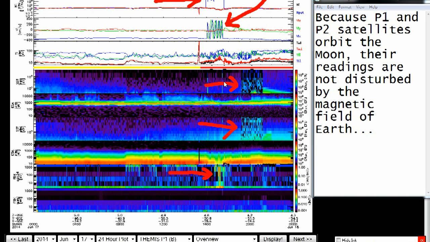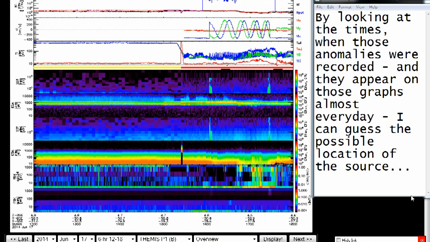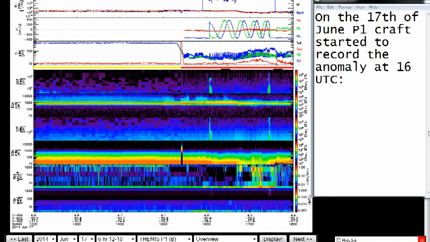Because the P1 and P2 satellites orbit the Moon, their readings are not disturbed by the magnetic field of Earth. By looking at the times when those anomalies were recorded, and they appear on those graphs almost every day, I can guess the possible location of the source. On the 17th of June, the P1 craft started to record the anomaly at 16 UTC.